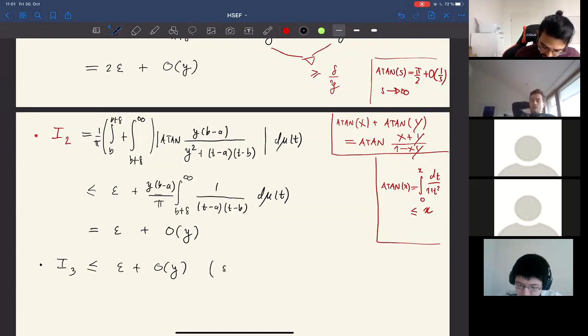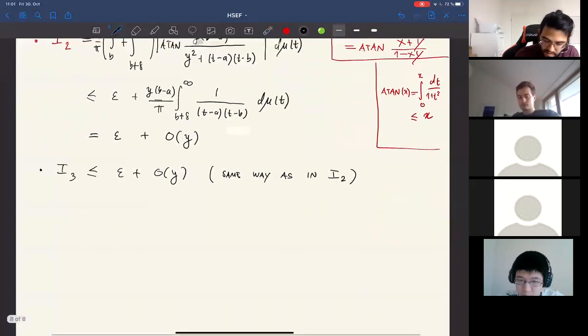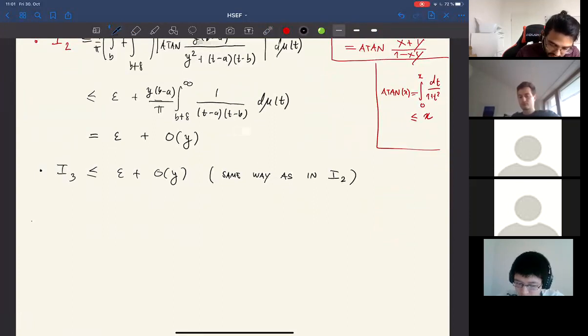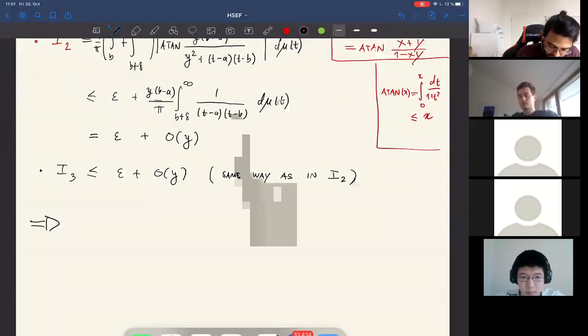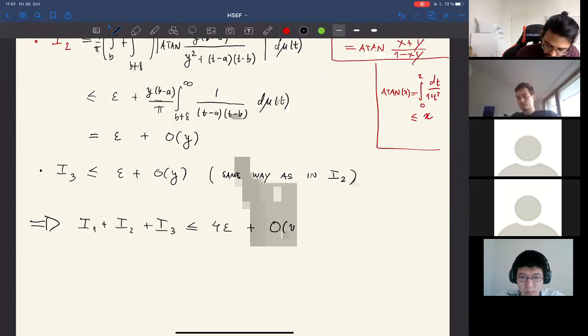So let me write here, same way. I2, the second integral. That finishes the proof basically, because the conclusion is that the three integrals, which I wanted to show converge to 0, are less or equal than 4 epsilon plus some O of y.